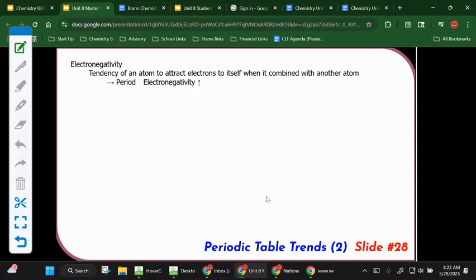So, as you go across a period, electronegativity also increases. Okay? So as we go across a period, electronegativity increases.